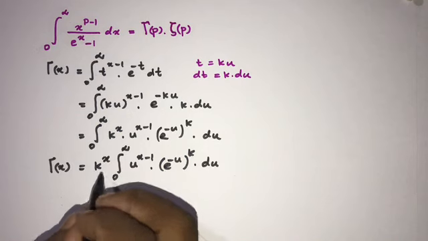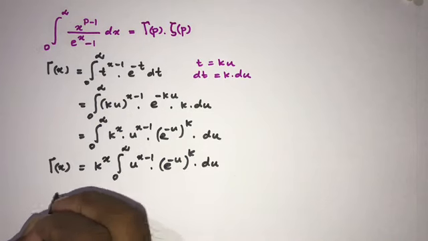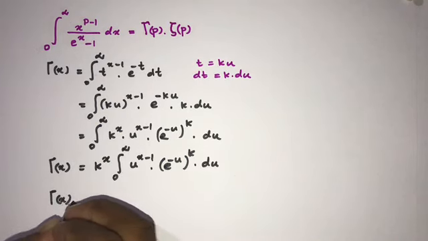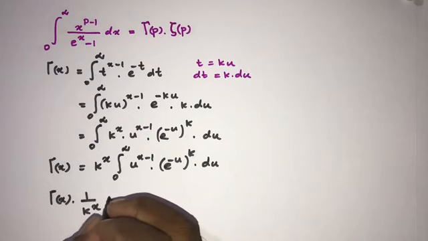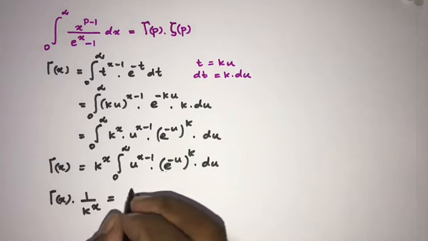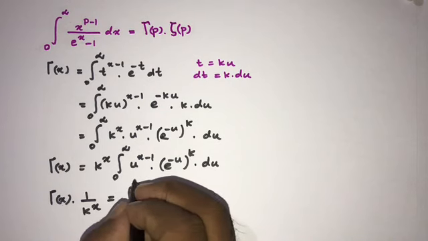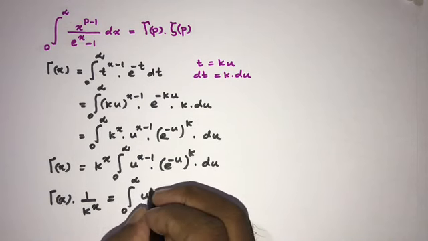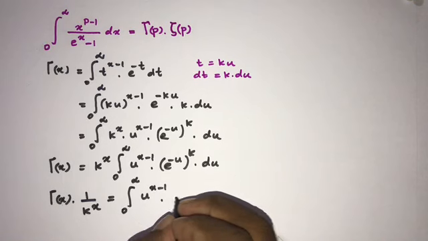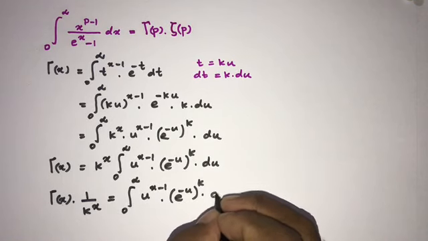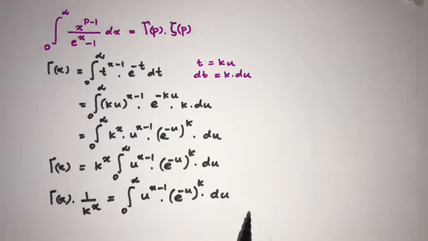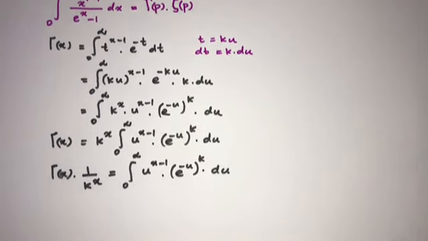Now I am going to take k to the x to the other side, so we can write 1 upon k to the x times gamma of x is equal to the integral from 0 to infinity of u to the x minus 1 times e to the minus u to the k power du.